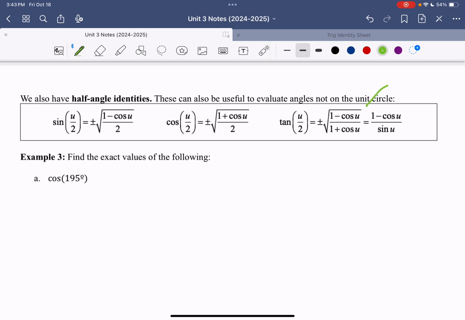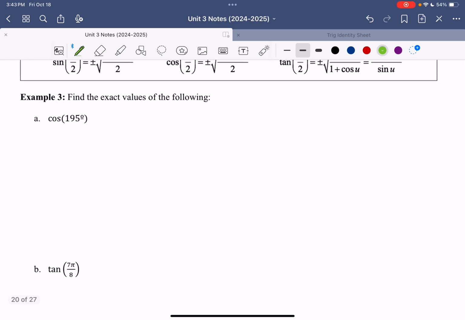We are going to talk about why this is in class, but if you want to explore why those two are equivalent on your own, you're more than welcome to, but we'll talk about that in class, okay? So the half angle identities, like I said, are really helpful to be able to evaluate things that are not on our unit circle. So for instance, the first example we're looking at is cosine of 195 degrees.